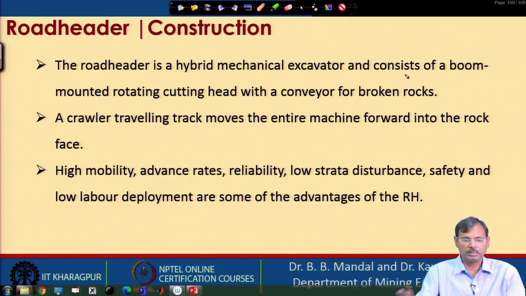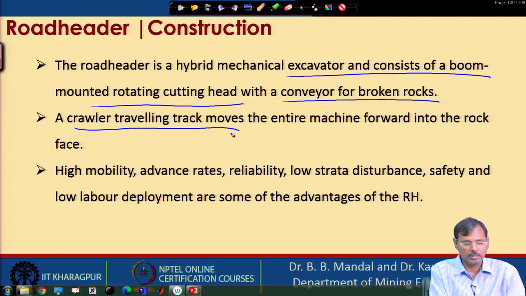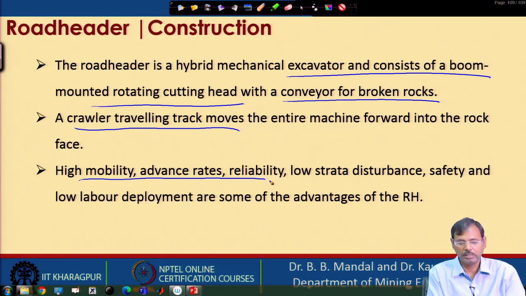So, road header is a hybrid mechanical excavator, consisting of a boom mounted rotating cutting head with a conveyor for broken rocks. The machine is crawler mounted and mobility is high, advance rate is good, and it is applicable for soft to medium hard rock.